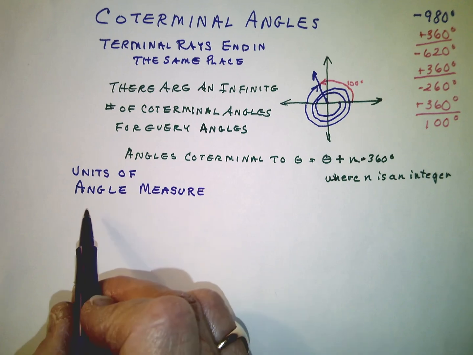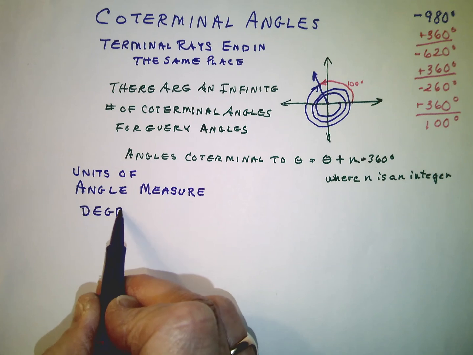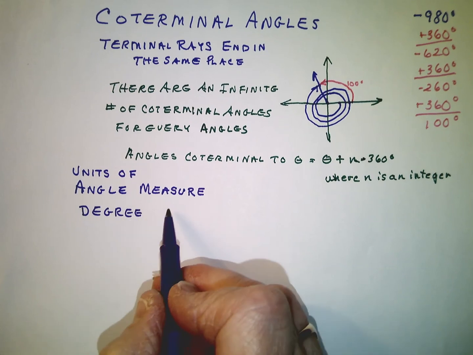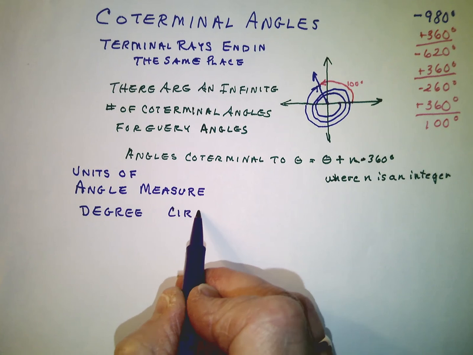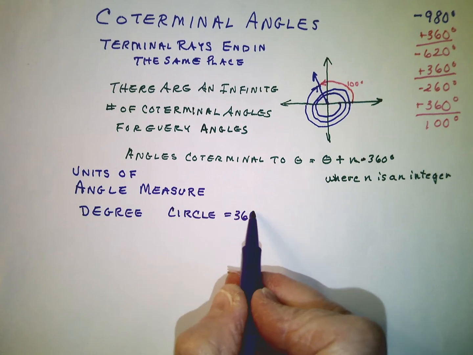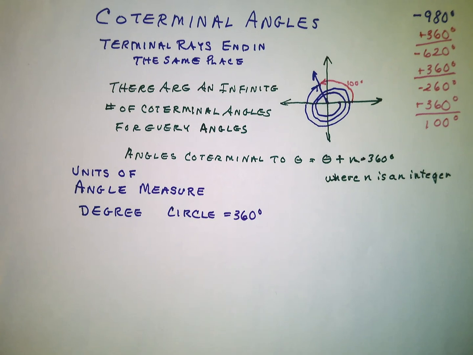The most common by far is the degree, which we've been using. And circle equals 360 degrees, which seems simple enough.